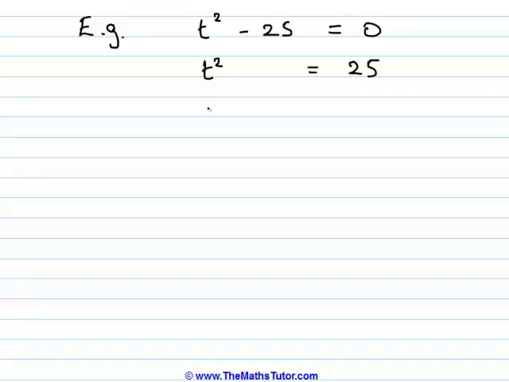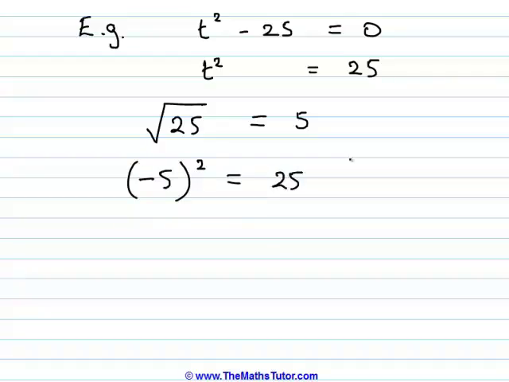A solution to this equation would be a number whose square is 25. Well, the square root of 25 will certainly work. The square root of 25 is 5. So 5 is the solution of this equation. But minus 5 will also work, because minus 5 squared equals 25.